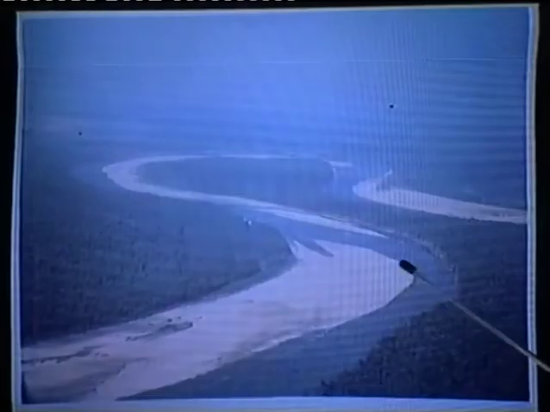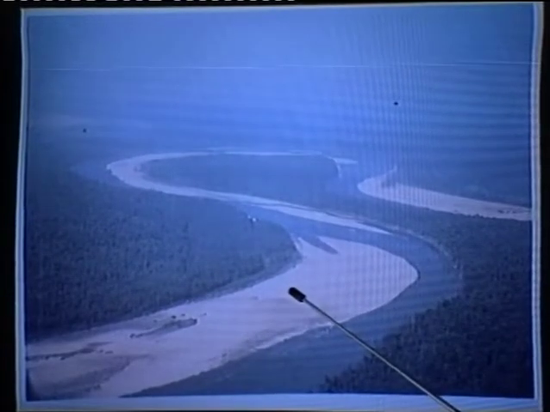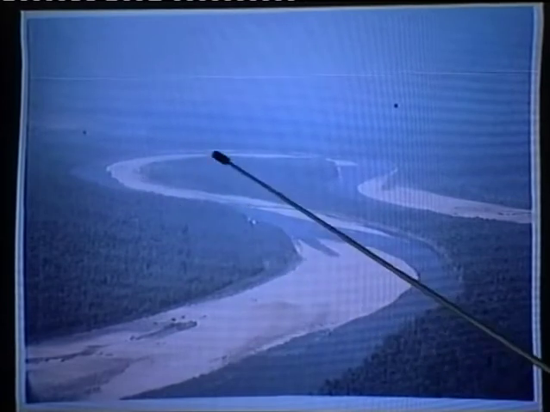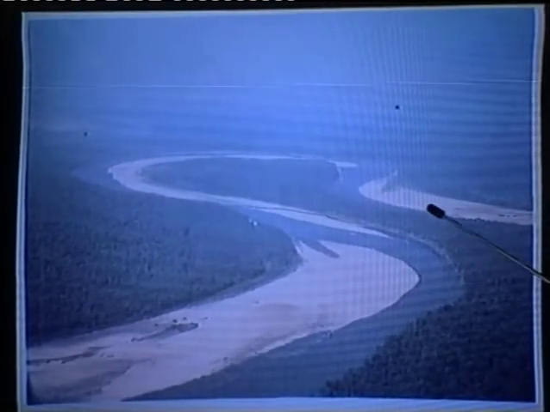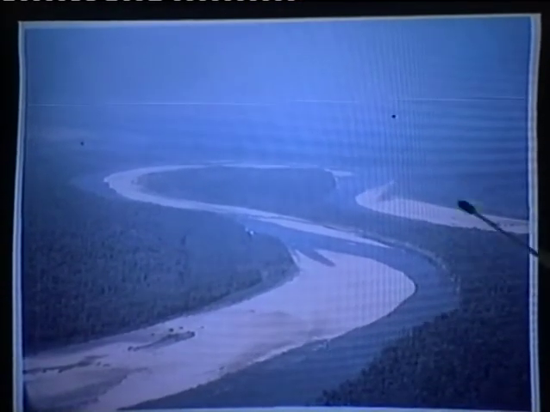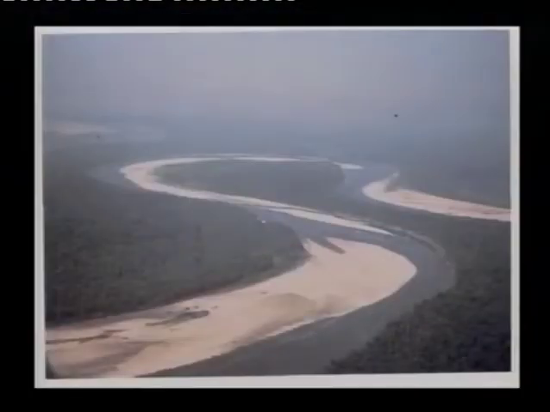Here you see the river meandering and you see the deposition on the inside bank, which is the convex bank. You can also see the deposition on the inside bank as the river continues to meander. On the other side, the convex bank again, the deposition mainly of sand, shingle, mud, silt, etc. They will create the feature known as a point bar.